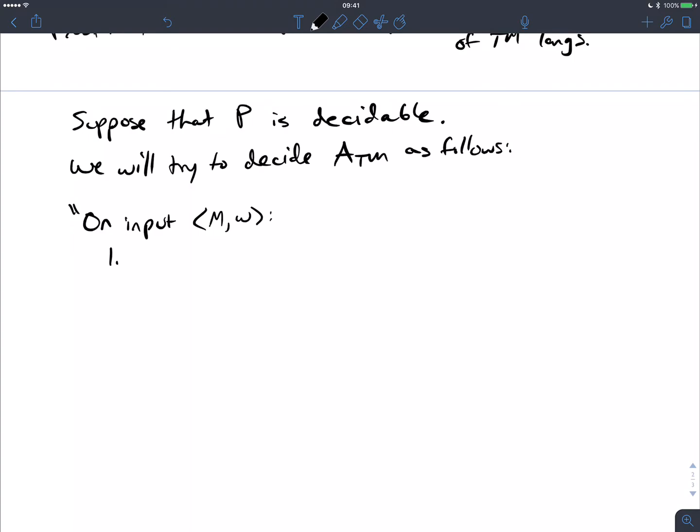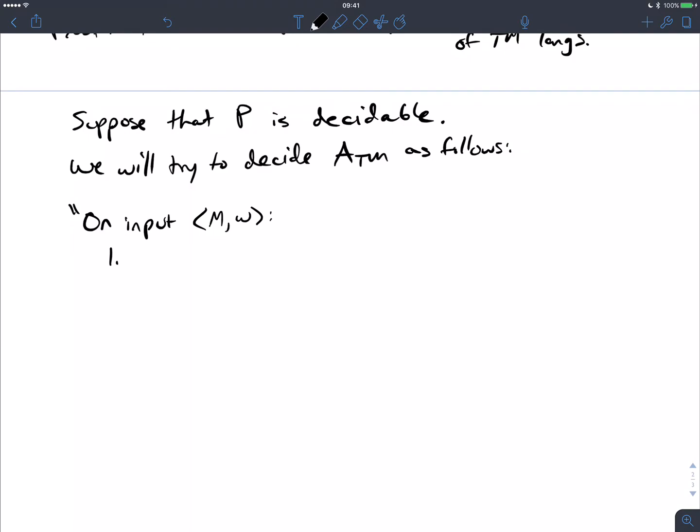It had one behavior if M accepts W, and another behavior if M does not accept W. Those two different behaviors, when I make a machine for it, can be decided by this supposed decider. And by doing that, now I can determine which of those two possibilities happened, and so I can determine whether M accepts W or not. So that's just how we did it to show that ETM is undecidable.